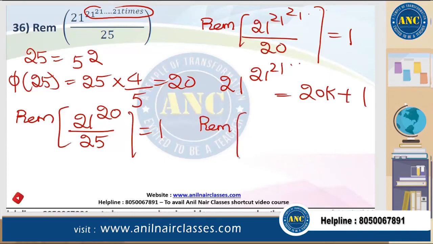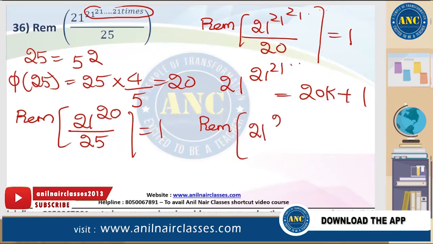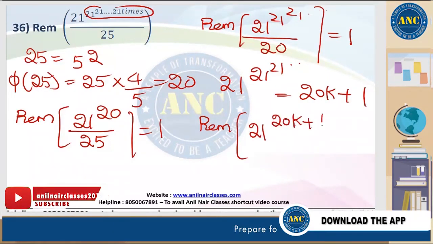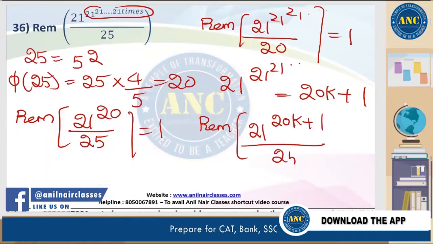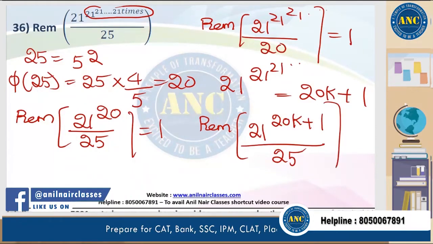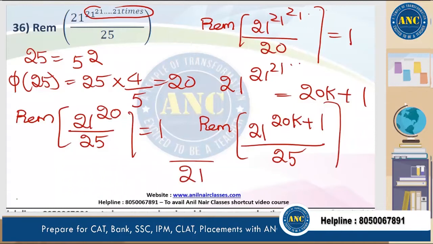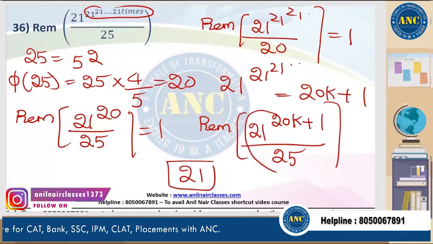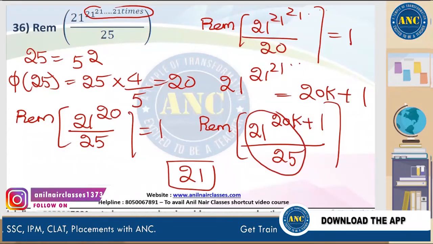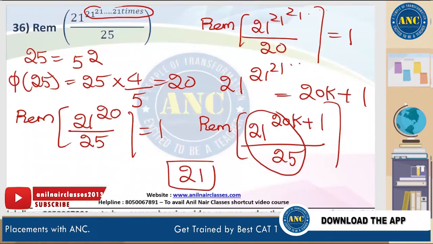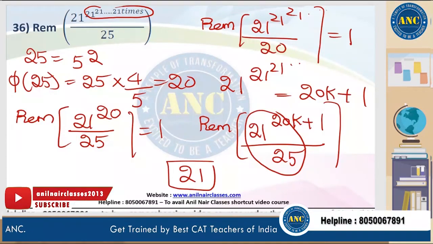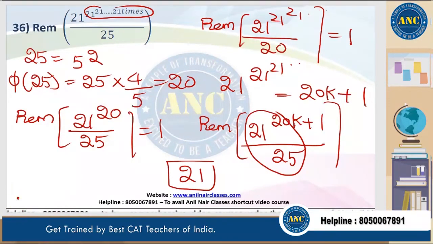So this will become the remainder of 21 power 20k plus 1 divided by 25, which is nothing but 21. I hope it is clear why it is 21. This is nothing but 1. 21 by 25 is 21. I hope the idea is clear.